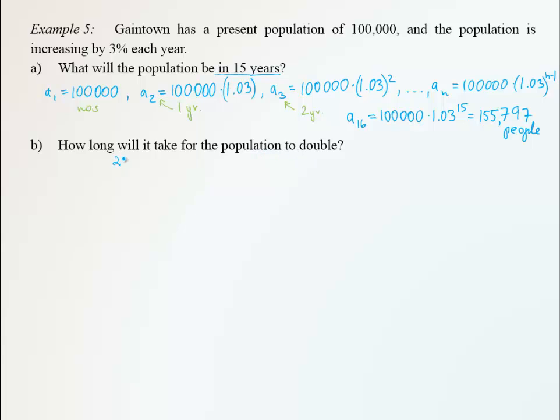When the population will be 200,000, starting from 100,000, following this pattern, times 1.03 to the n minus 1. So we need to find out the n. Okay, let's recall how we solve this kind of exponential equations. Well, usually by using logarithms.